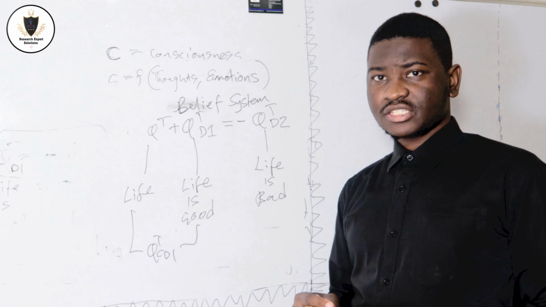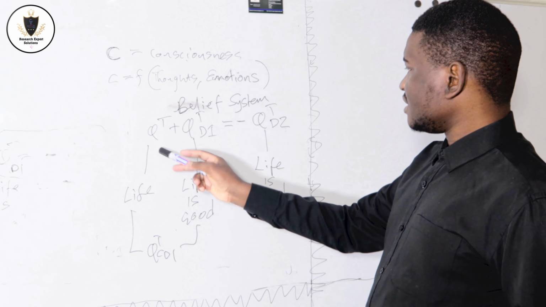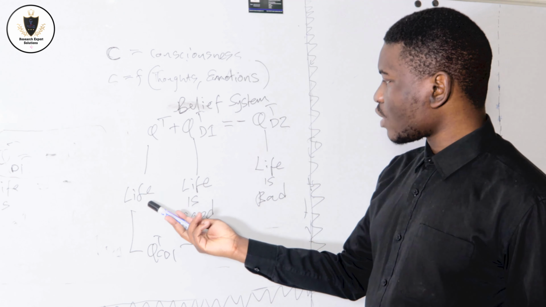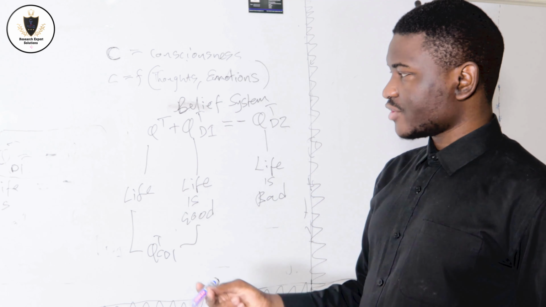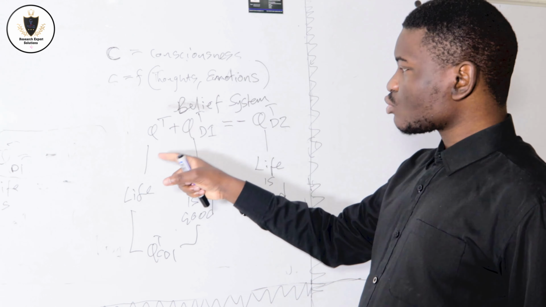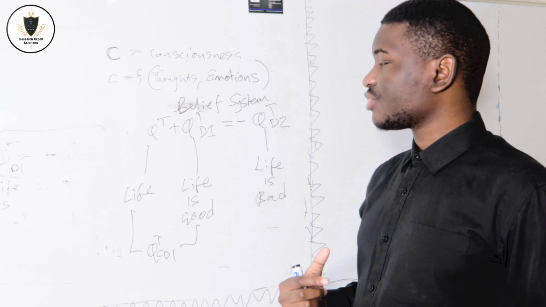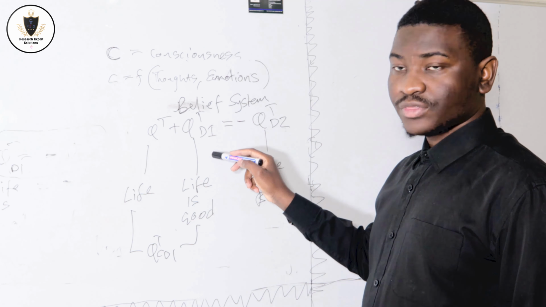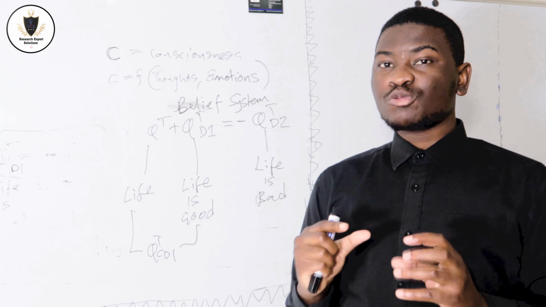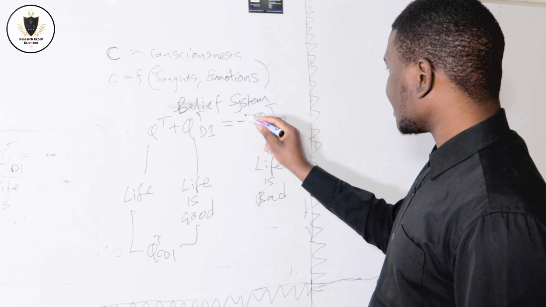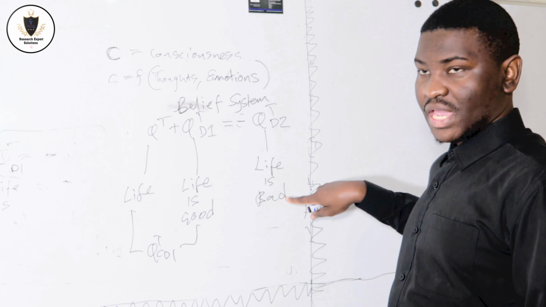Okay, so we are saying this is a belief system because it tells us what we are thinking about, which is life, a pure thought. And what we have associated that pure thought with, the descriptive thought that life is good. And what we don't believe about life, negative, life is bad.